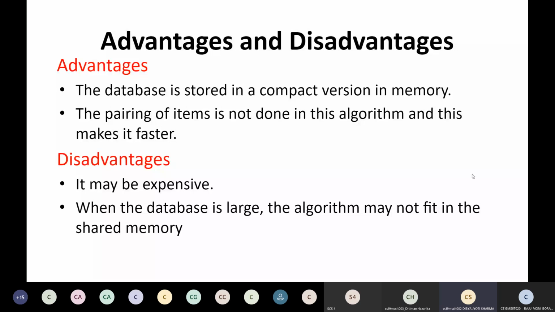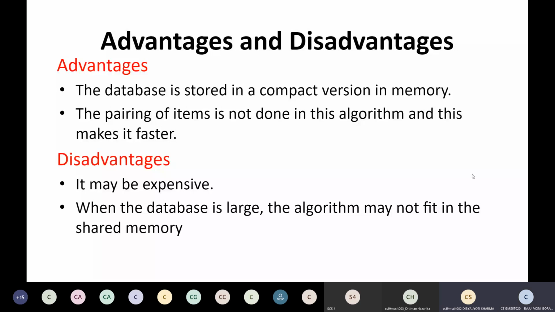In the first step, we scan the database to find the occurrence of the item set in the database. The count of the item set in the database is called support count. Next, we go to the second step. The second step is to construct the FP tree.